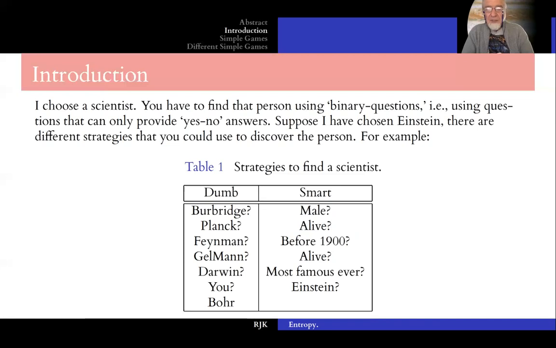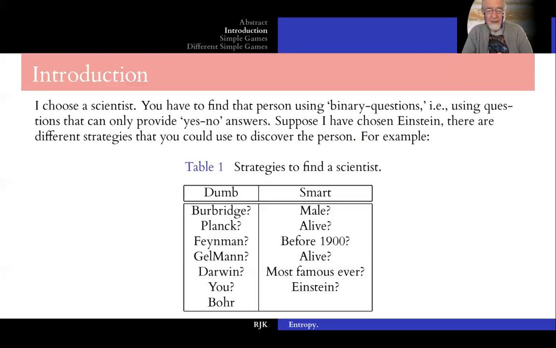There are a couple of different strategies that you could use to discover the person. For example, you could have what I consider the dumb way of doing it. You could say, is it Burbage? Is it Planck? Is it Feynman? Is it Gell-Mann? Is it Darwin? Is it me? Is it you? Is it Bohr? And go on forever until you find out. Or you could try what I consider a smart strategy.